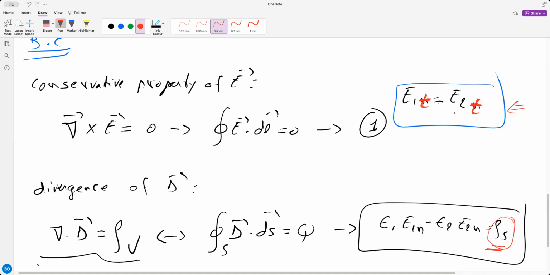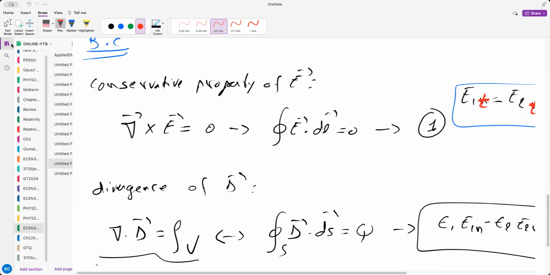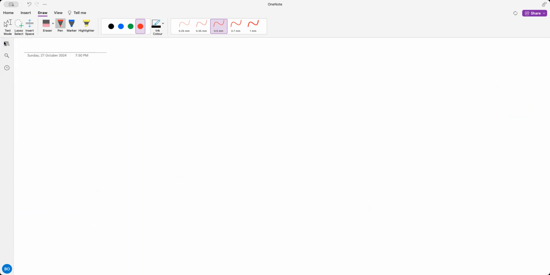Okay, very good. So now what we will do, we developed those boundary conditions for any two media. Now we'll just apply them to, for example, dielectric and conductor, dielectric and dielectric, conductor and conductor. So now what we will be doing is to apply them to specific materials. Again, let me just copy them so that we don't forget them.